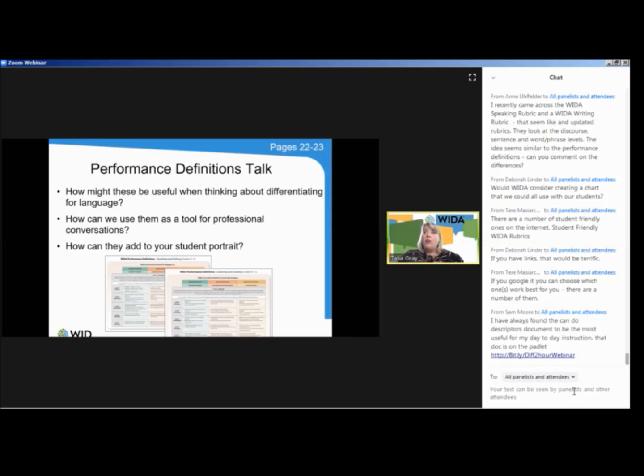How authentic and awesome would it be for a student to look at this and say, at the beginning of this year I was level 1 entering in the word phrase dimension, and look at me now, I'm level 4 in the word phrase dimension. This gives you a starting point and it allows for lots of growth.